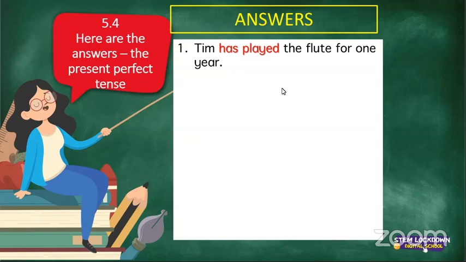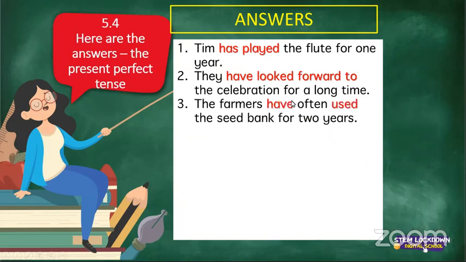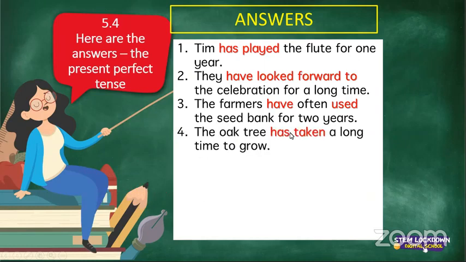Tim has played the flute for more than 1 year. They have looked forward to the celebration. That's a long one. Have looked forward to. Number 3, the farmers have used. Have used. Number 4, the oak tree has taken a long time to grow.